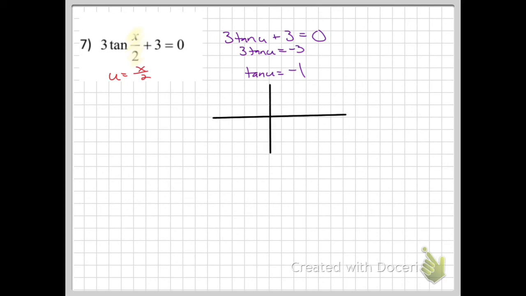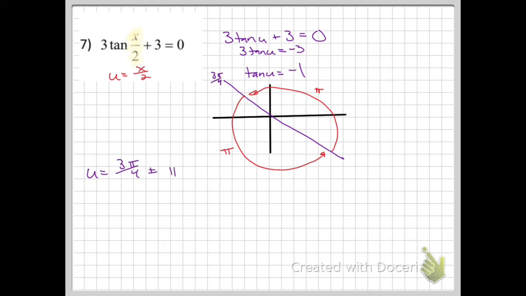Tangent's negative in these corners, and it needs to be in the middle to be negative 1, right? So this spot is 3 pi over 4, and tangent always wraps by pi because it's right in the middle of the circle, right? That line, halfway to there, pi each way. So u would equal 3 pi over 4 plus or minus pi n.